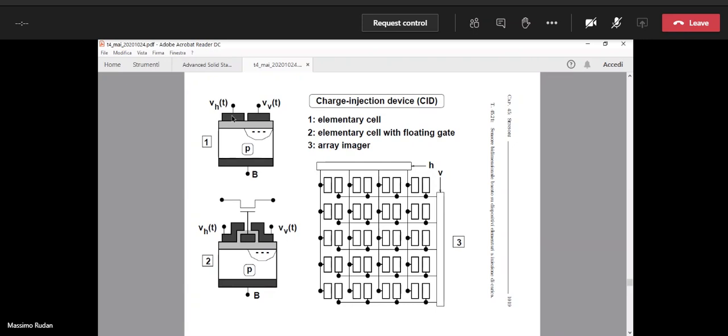And in this step, we have not lost the charge. The charge is still available. It has simply gone from right to left, okay? But this charge has passed along the channel under the floating gate. So this charge, by electrostatic induction, has changed the electric potential of the floating gate.